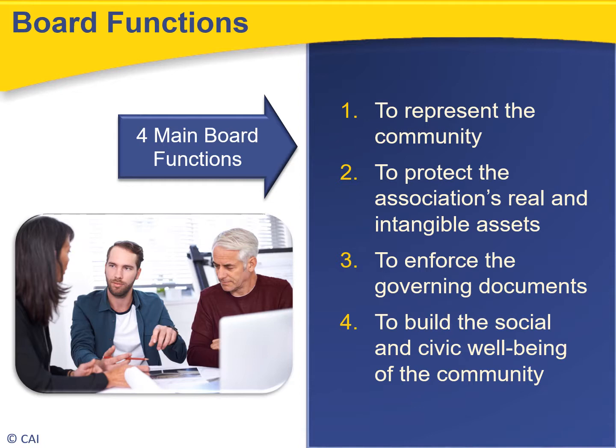How does the board protect assets, you might ask? Well, by setting appropriate policies, setting standards, establishing procedures, and establishing financial budgets. Additional board functions are number 3, to enforce the governing documents, and finally, 4, to build the social and civic well-being of the community by providing leadership, modeling pride in the community, and demonstrating the meaning of good neighbor.